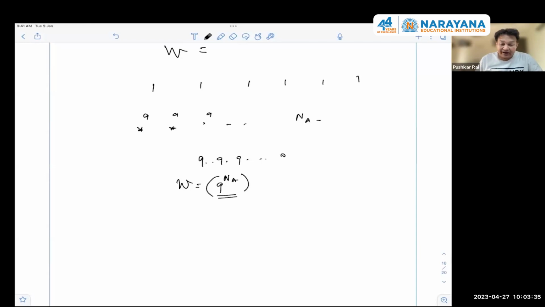These are the possibilities that give rise to the randomness. Now S is equal to K ln W, which is K into ln of 9 raised to the power Na. So simply K into Na into ln 9. That is your answer.